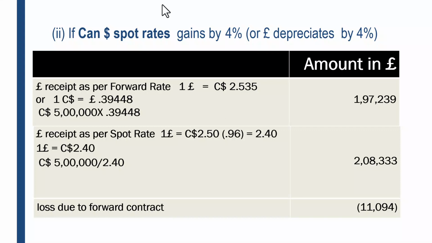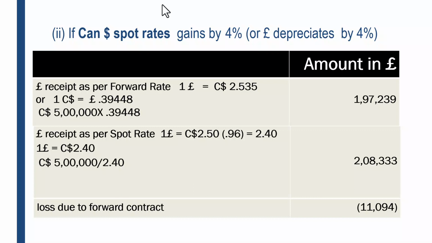Here the $10 appreciates by 4%, or the pound depreciates by 4%, it is one and the same thing. So here the rate was 2.5, I multiplied by 0.696, you get the new rate. Now, as per this rate, if I divide this by 2.4, you get 2,08,033 pounds.